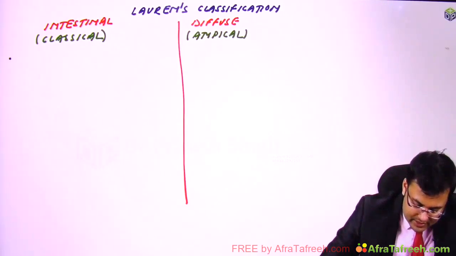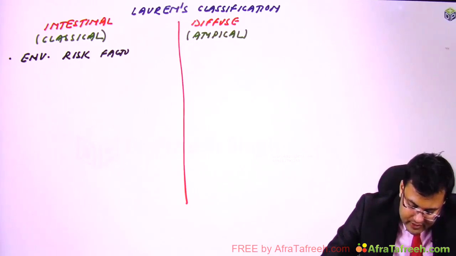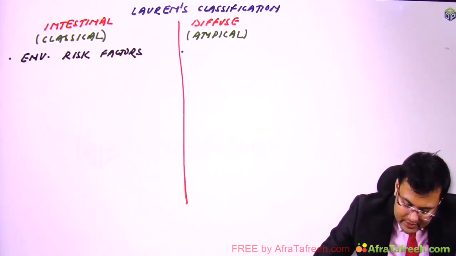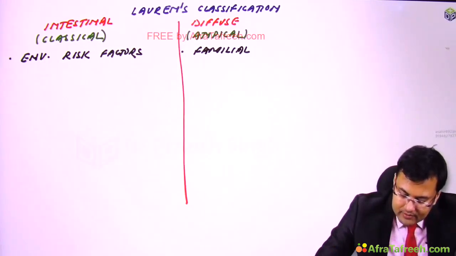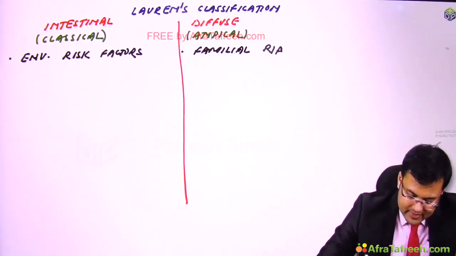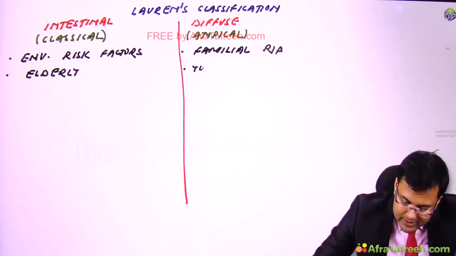So what are the differences? Have a look here. There are environmental risk factors, and here there are familial risk factors. Here it is more common in elderly. This one is more common in young patients.